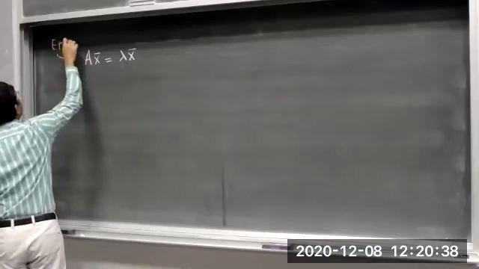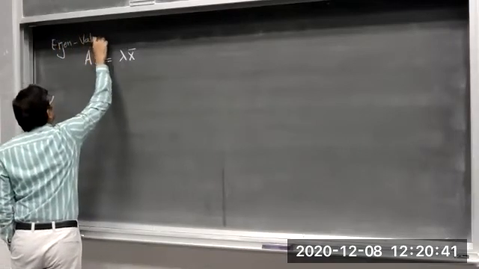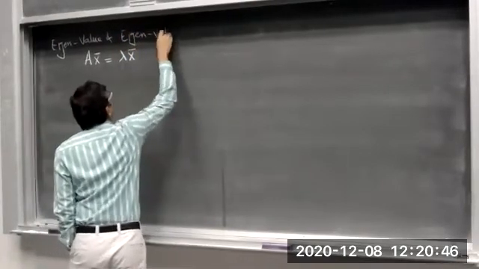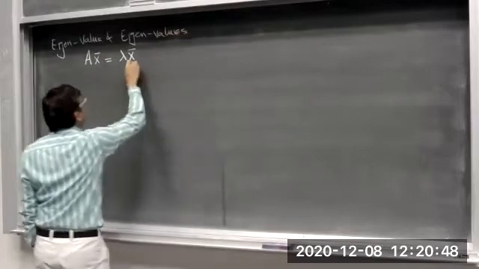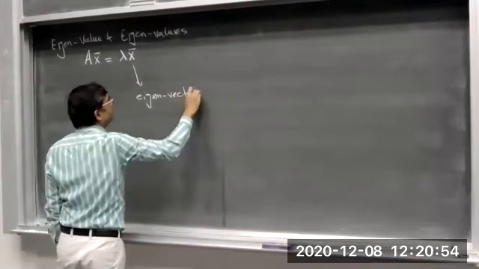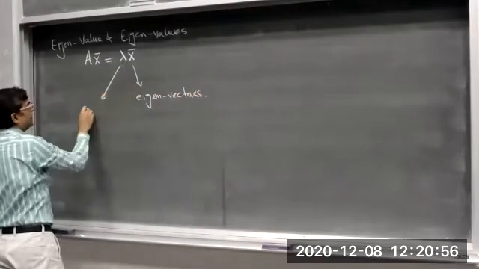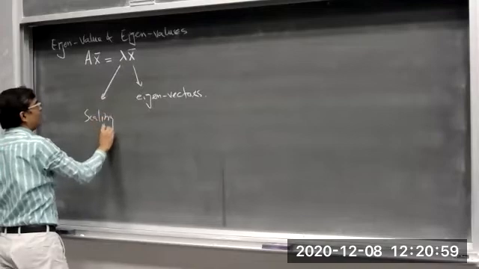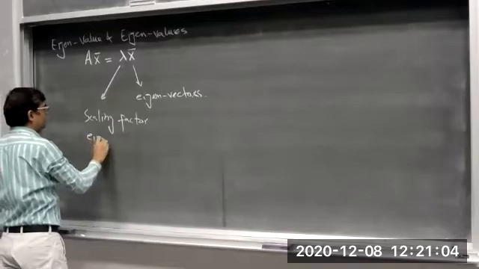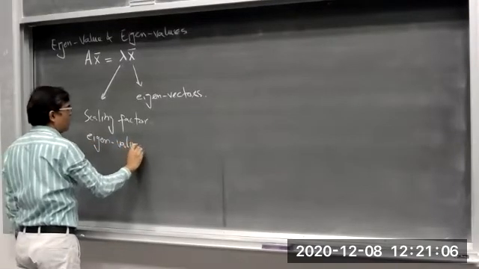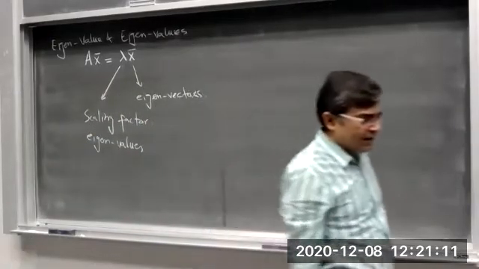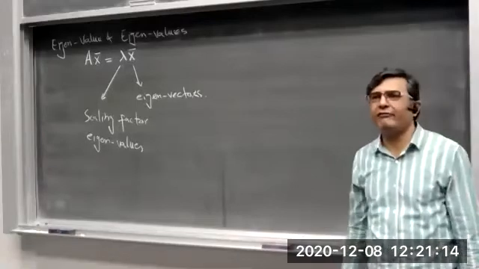Eigenvalues and eigenvectors. So these vectors are called eigenvectors, and this scaling factor is called an eigenvalue. And why do we need such vectors and such values?